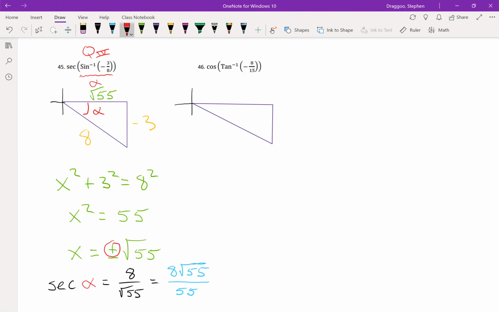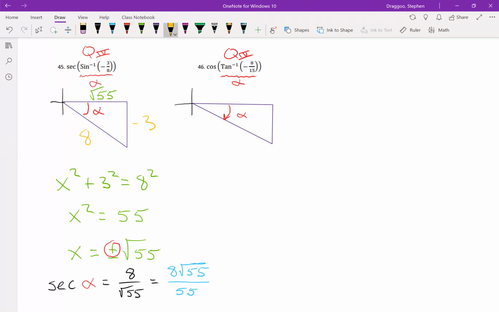In problem 46, this time I have the tangent inverse of a negative number, which means that I will again be in quadrant 4. So alpha is going to be this angle, again measured backwards from that positive x-axis, and tangent is opposite over adjacent.